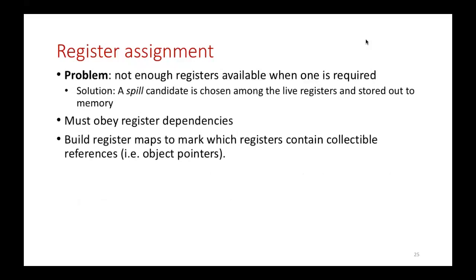But perhaps you've already discovered that one of the real problems here is that trying to map an infinite set of registers onto a much more finite set of registers won't always succeed. So what we end up having to do is spill registers, what's called spilling registers.